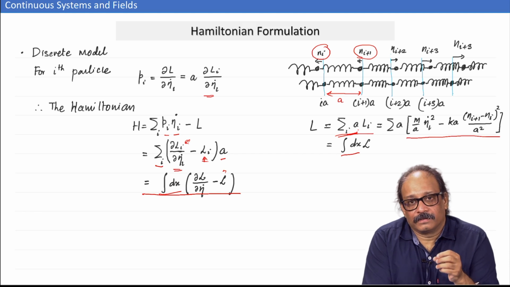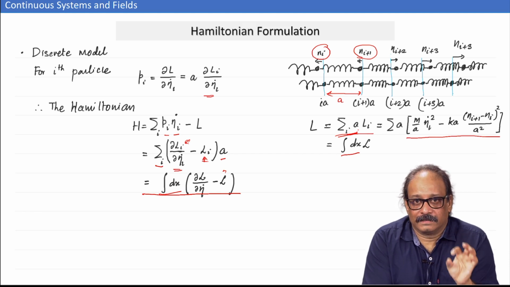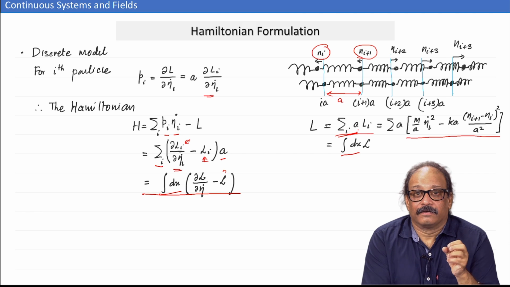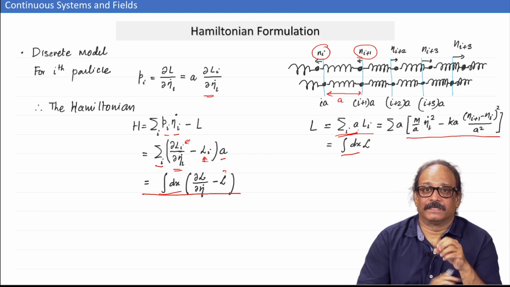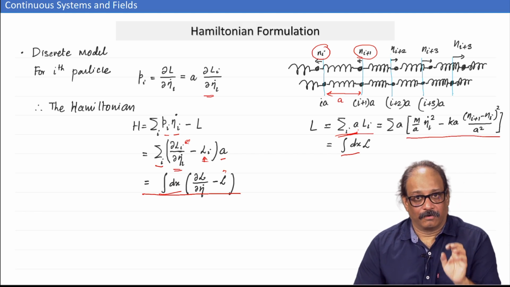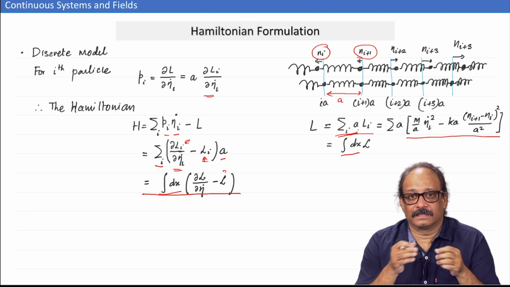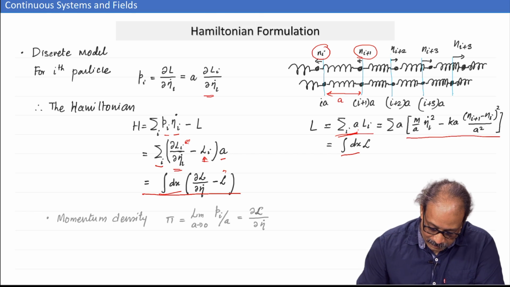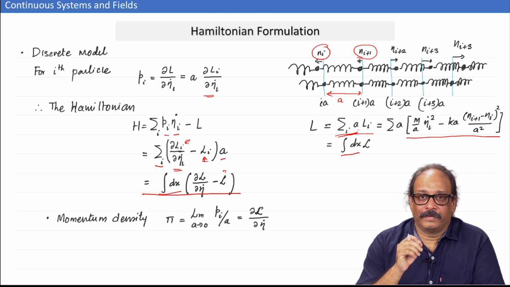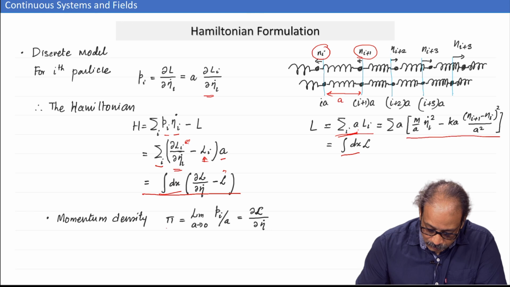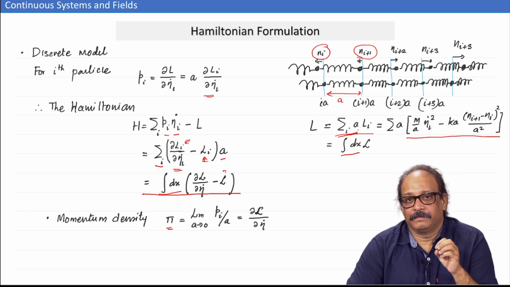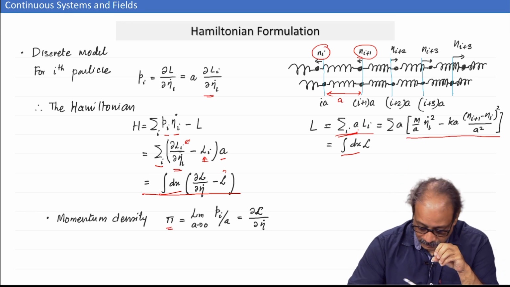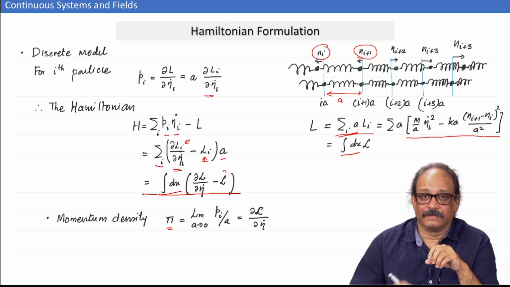Okay. So, what we are going to do is, just like Lagrangian density, now I will add a few more ideas which are momentum density. Of course, in case of the stress energy tensor, we have already talked about momentum density, but now define the momentum density and denote it by letter pi as the limit, the continuum limit, of p_i divided by a.